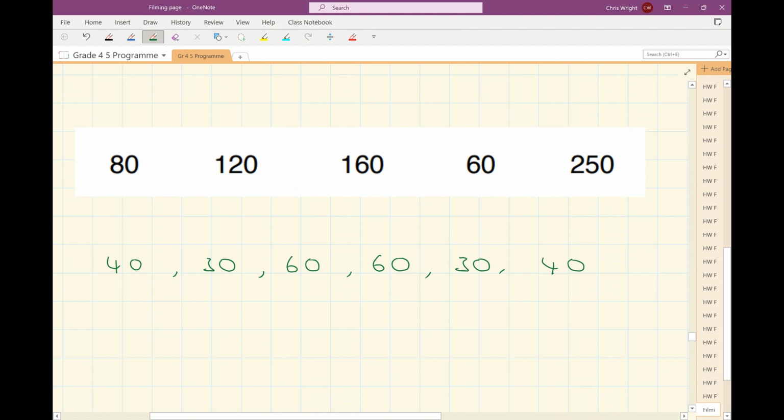Which is the most common number? Well, the answer is there isn't a most common number. Each number appears twice, but there's no number that appears more than any other. So there isn't a mode there either. So beware, sometimes there isn't a mode.